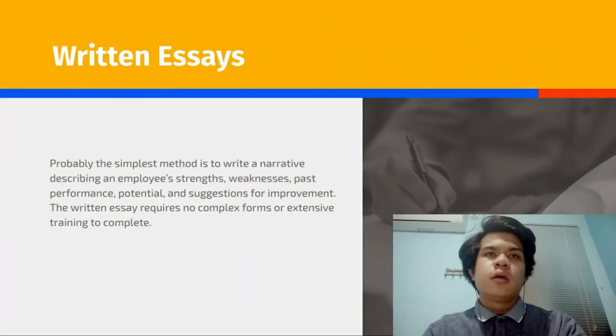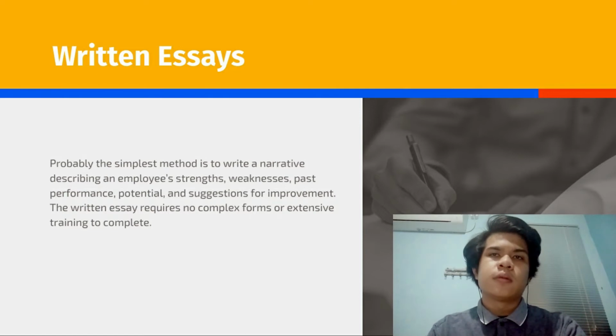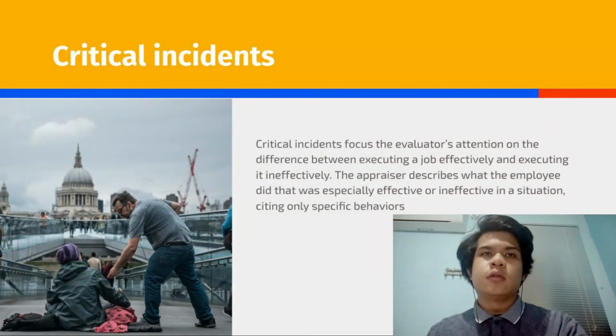First is written essays. Probably the simplest method is to write a narrative describing an employee's strengths, weaknesses, past performance, potential, and suggestions for improvement. The written essay requires no complex form or extensive training to complete. And next, critical incidents.